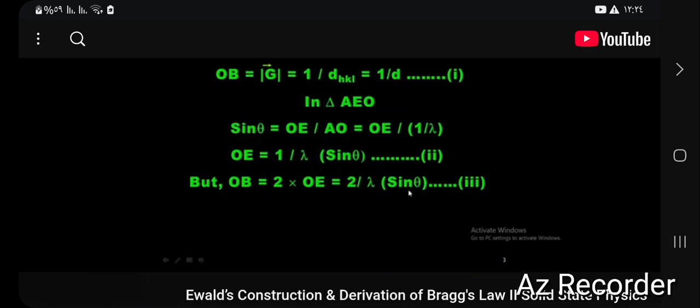This is equation number 3. OB is equal to 2 into OE, which means 2 by lambda into sine theta.